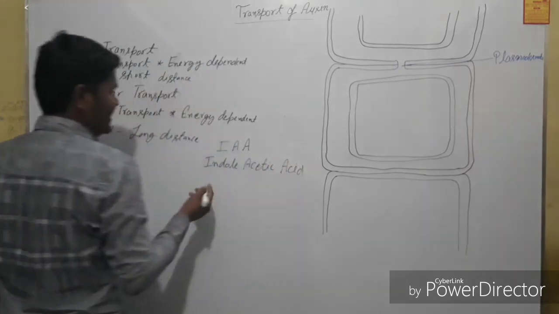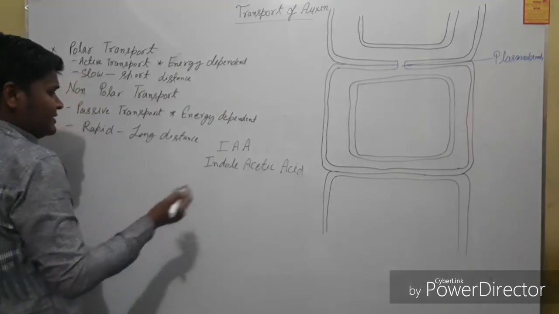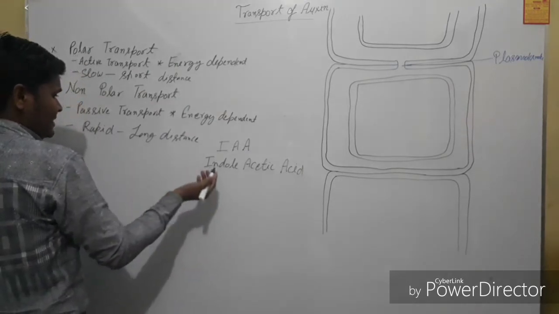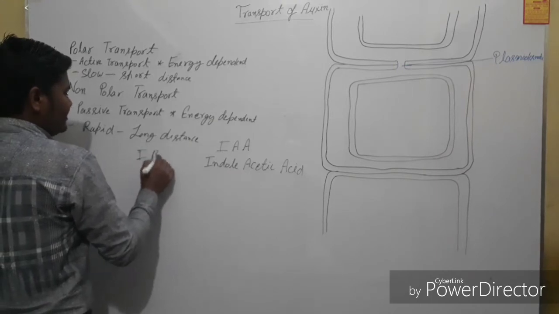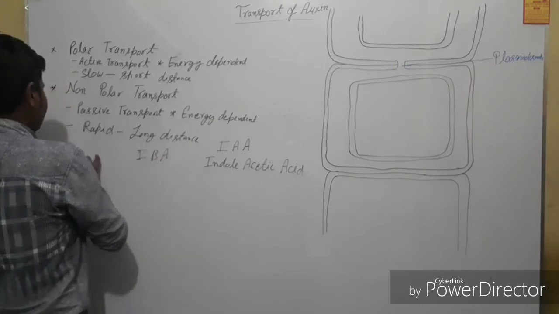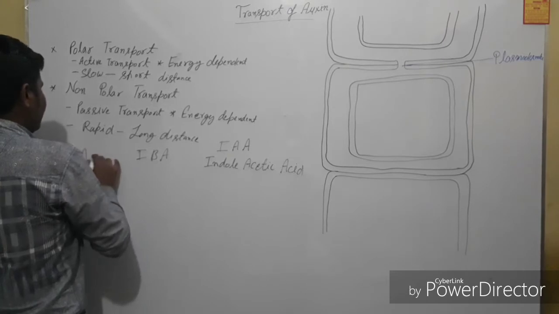There are two other naturally occurring indole auxins, IBA and PAA.